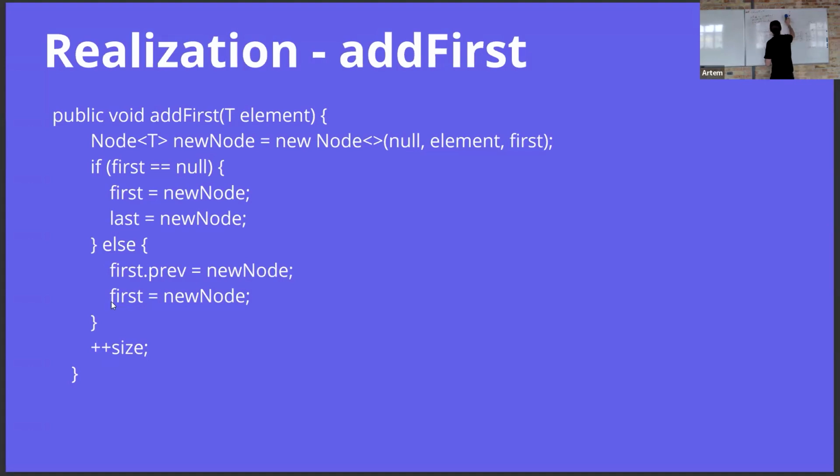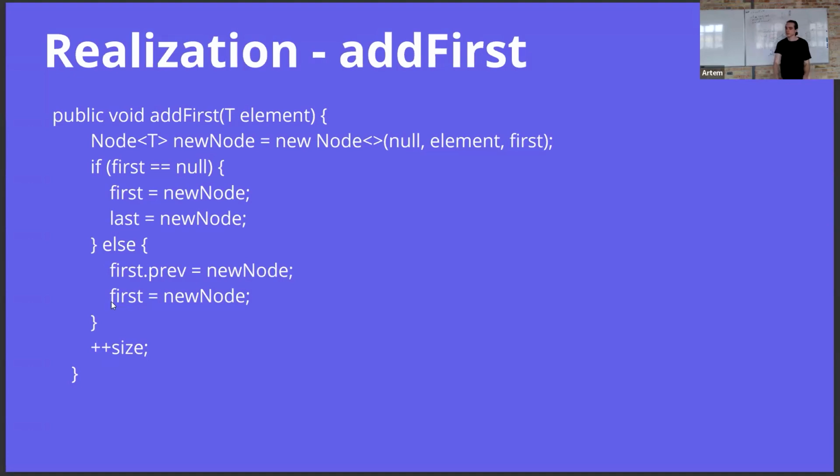But if we write plus plus count, this means that this operation will happen before we assign this value. So in this example, we will have 5, 5.